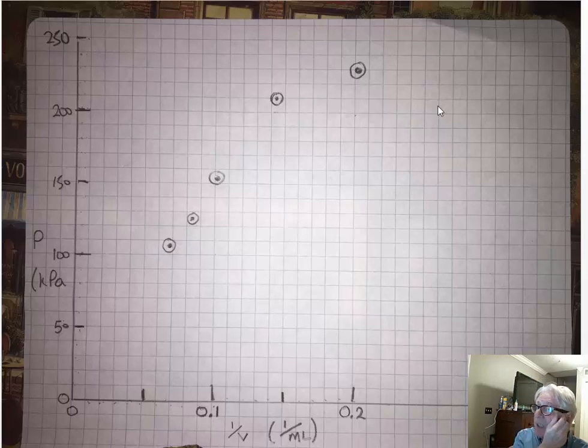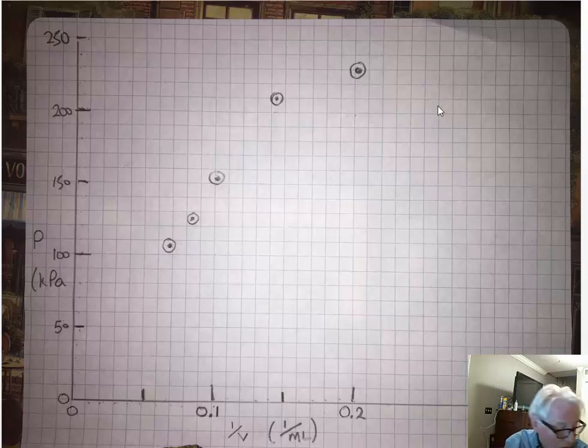Now, it'd be nice to do some repeats, but the group didn't do any repeats. That's a pity. And it would be nice to look at the region where we think we're saturated, but because they took the data before they actually plotted the graph, they had no idea that any of this was going on.